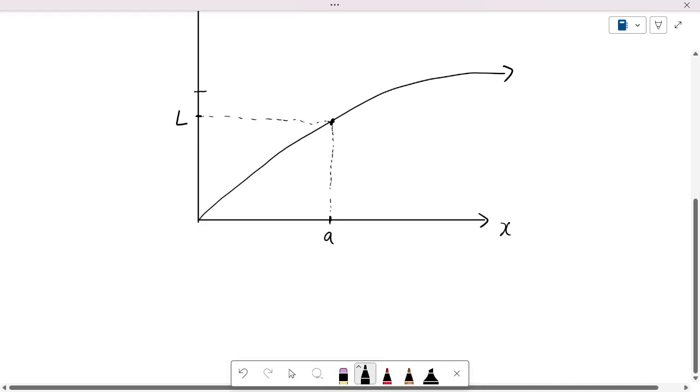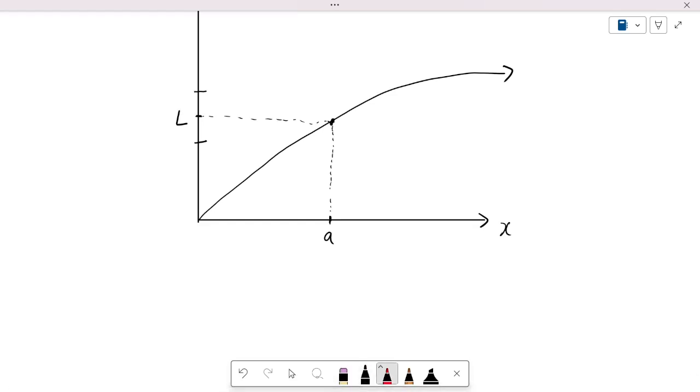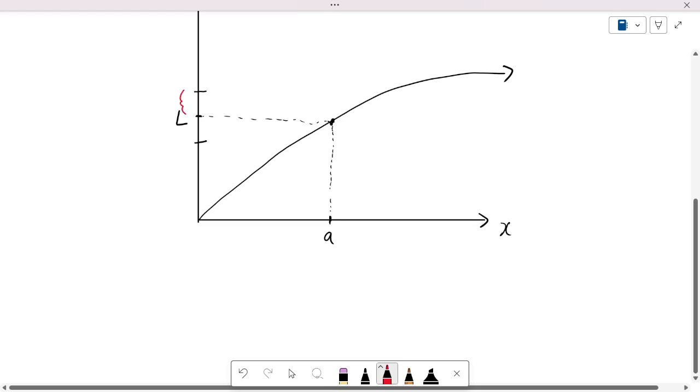Let's say that the epsilons must be the same. So just note that this distance, let me do it in a different color here, is going to be epsilon, and this distance over here is going to be epsilon.